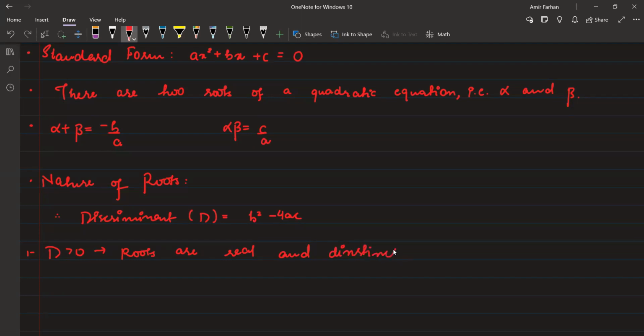They are not equal. They are equal in the case when discriminant is equal to 0.